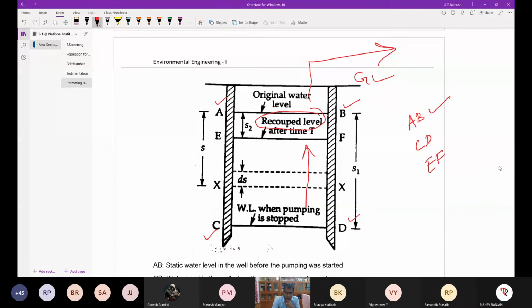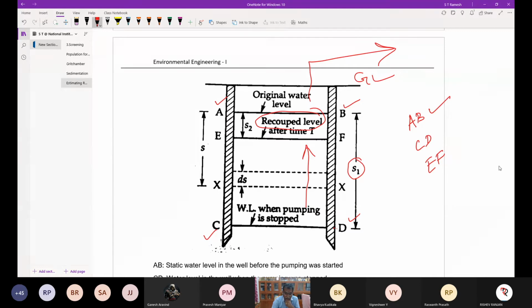What is AB? You can interact, because these are important points. AB is the original water level. Then I pump out the water continuously and make the drawdown happen, and thereby my water level has gone down to the C and D level, with the head S1, the drawdown head.